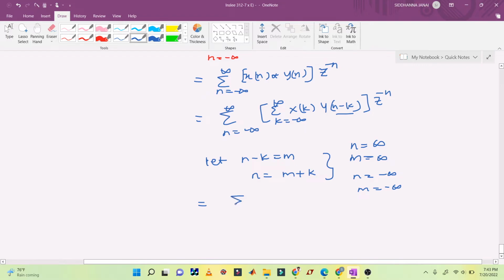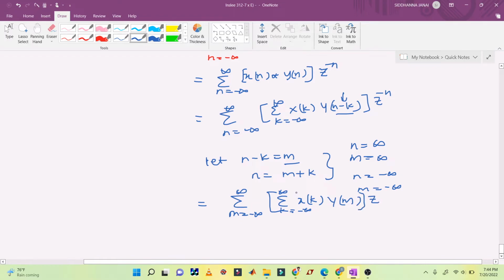For this one, summation m is equal to minus infinity to plus infinity. K term will not change. We are replacing only n, sorry. X of k y of n minus k is replaced by m. Y of m.